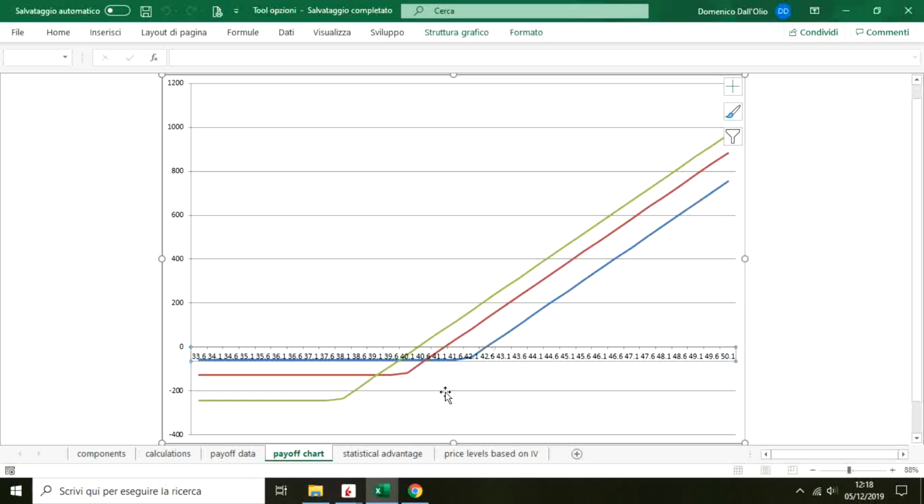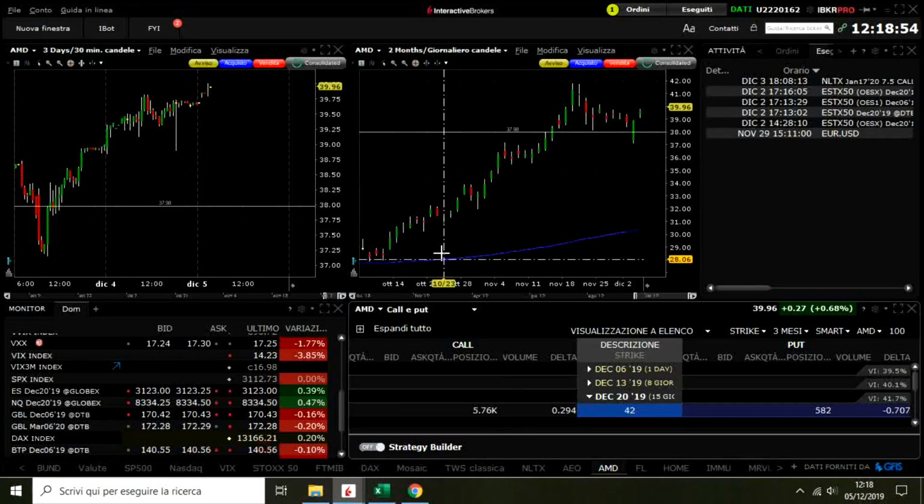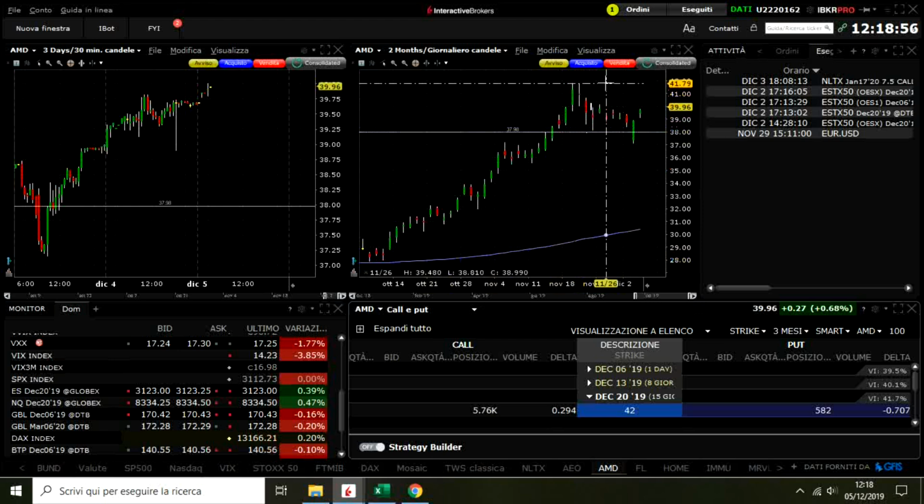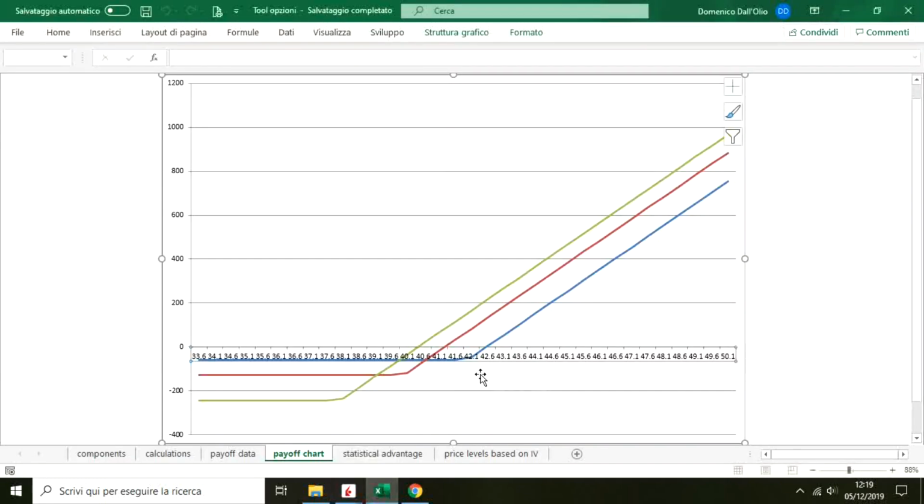Even if, just assume that the stock reaches 42 but doesn't cross it, with the 42 you're going to lose all the money invested. With the call strike 40, you will earn something. With the call 38, you will earn something more.